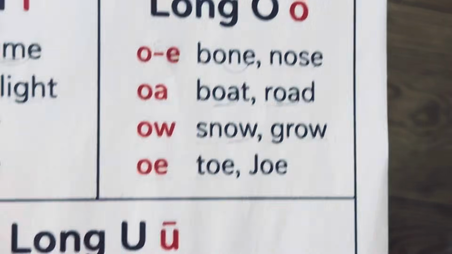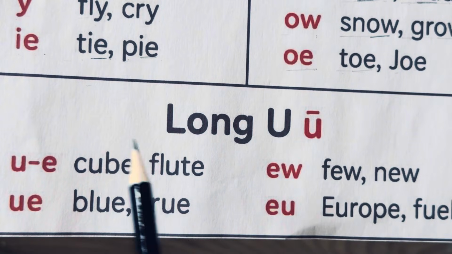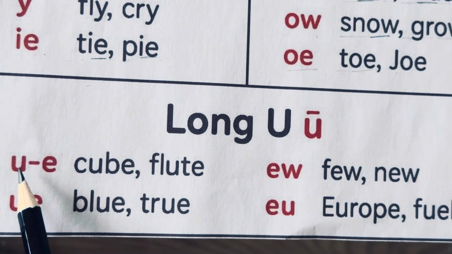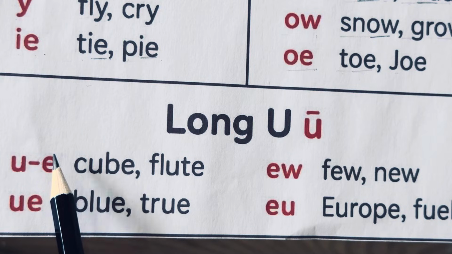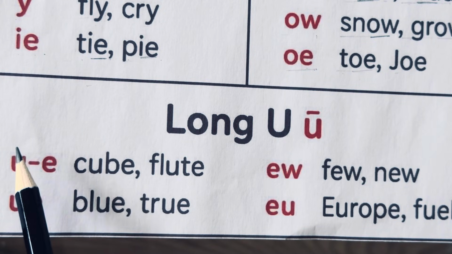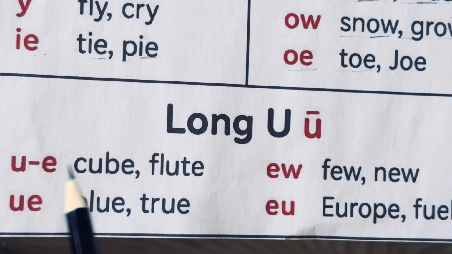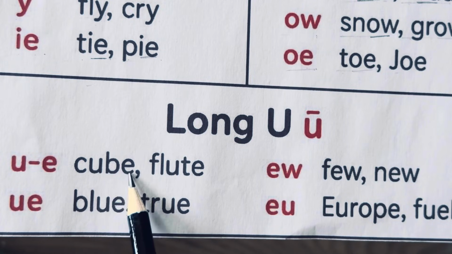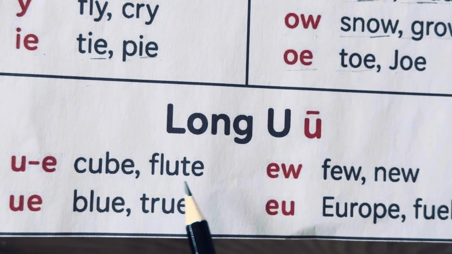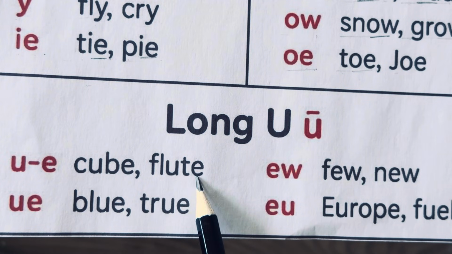The last is long vowel U. As I told you, whenever you have a vowel, a consonant and a silent E, then we will read the vowel as the long vowel sound, as in c, u, b, e, cube; f, l, u, t, e, flute.